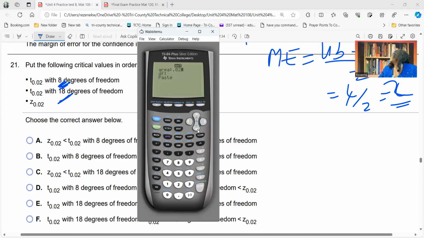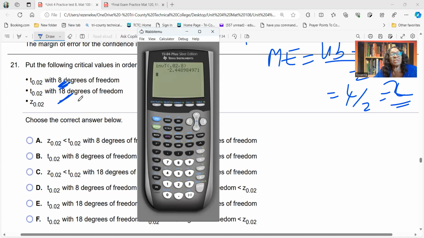Remember, if it is two-tailed, you divide by 2. One-tail right, you don't divide by anything. Degrees of freedom here is given to us as 8. Okay, and then I just paste. So the first one is negative 2.45. That is the critical value.